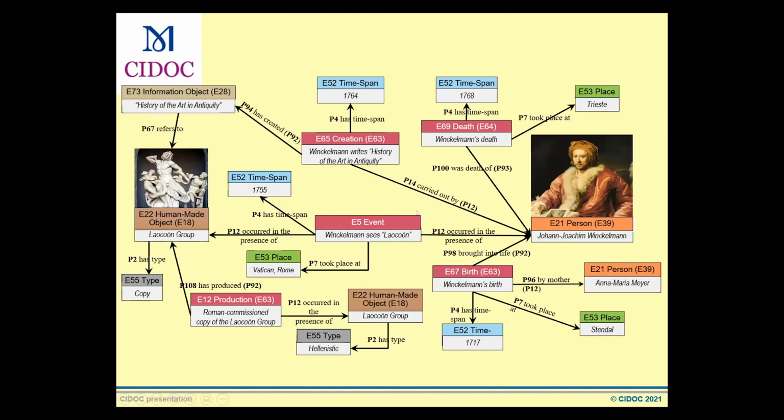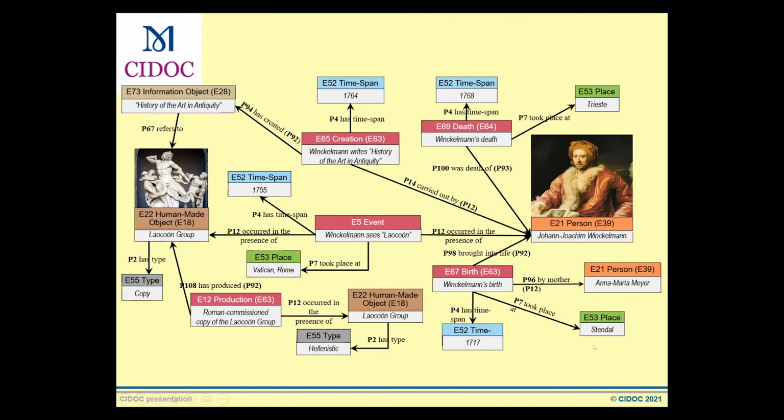And then we have Winckelmann seeing the copy, the E22 on the left, in the Vatican in 1755. And then he created this information object, the history of the art in antiquity, in which he refers to the Laocoon group in 1764. And then eventually Winckelmann dies in 1768 in Trieste.